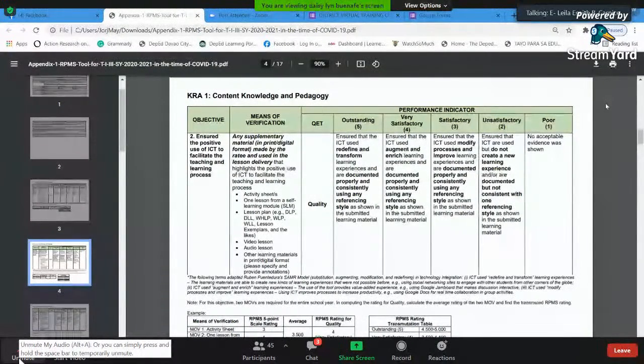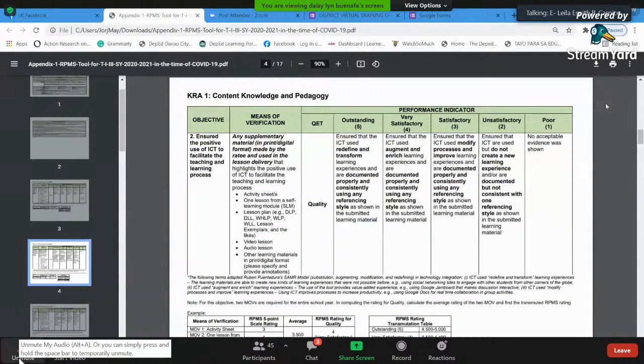So, then 2 na lang, 2 imong rating if the ICT are used but do not create a new learning experience and or are documented but not consistent with one referencing style. 2. 1, no acceptable evidence was shown.